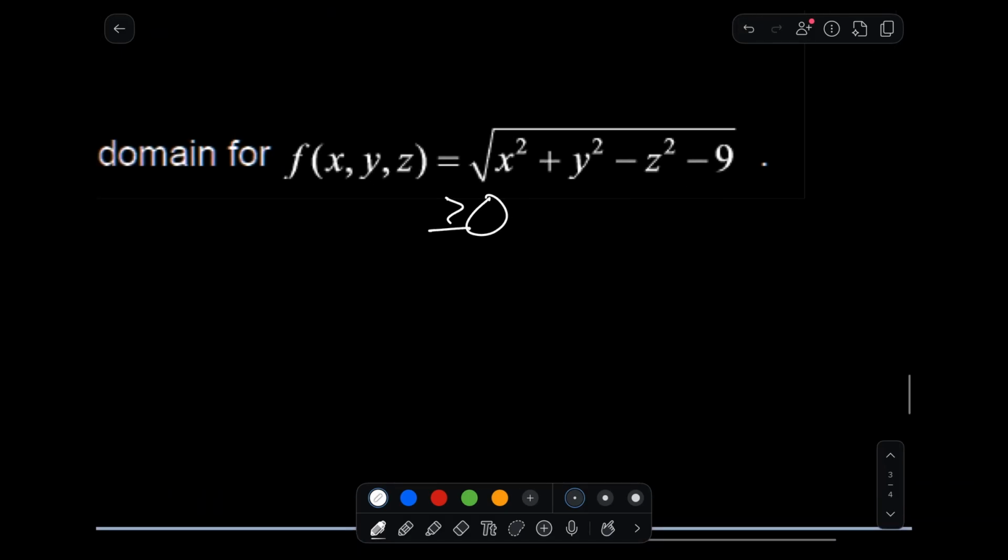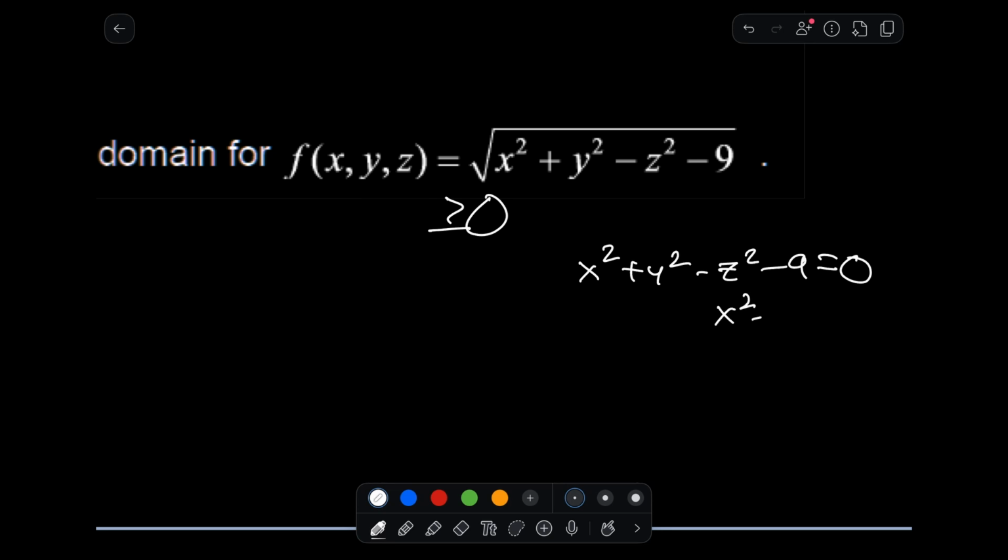right? So we can just square everything and then get everything on one side. It's going to be x squared plus y squared minus z squared minus 9 equals 0. And then we get x squared plus y squared minus 9 equals z squared.